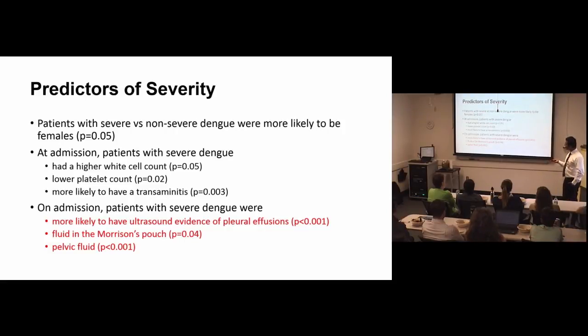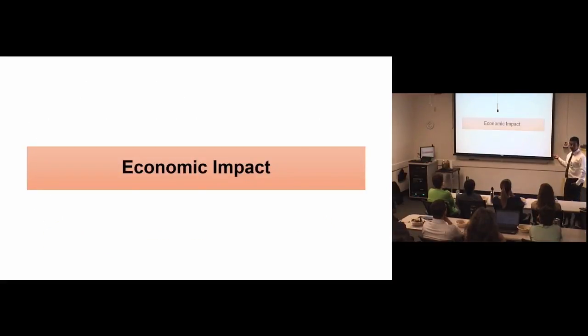We came across an interesting finding: if a patient on admission has fluid detected in the pleural effusions or in the abdomen, in Morrison's pouch, meaning the area between the liver and the kidney on the right side, and also pelvic fluid, then if these fluid leakage signs are measured on admission sonographically, it is very significant: the patients are heading for trouble. So a very important finding.